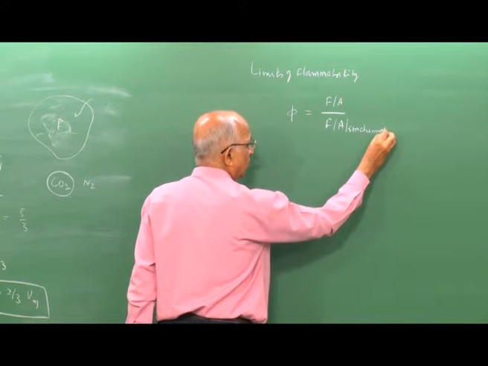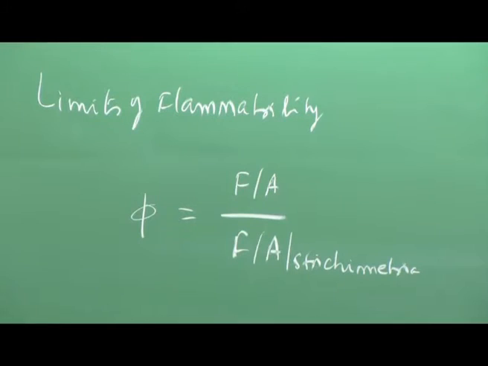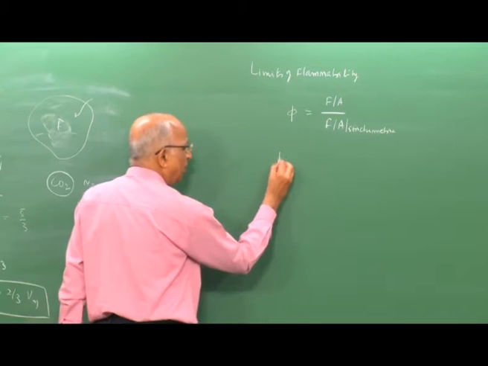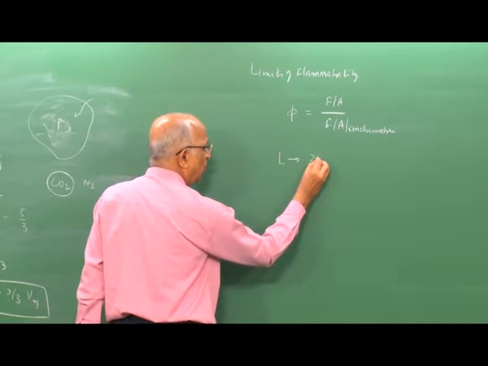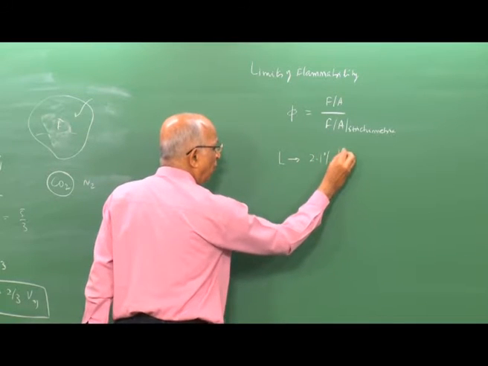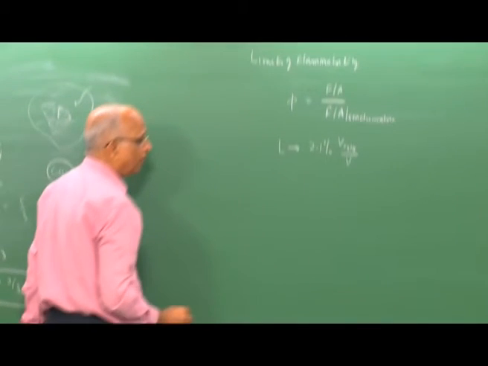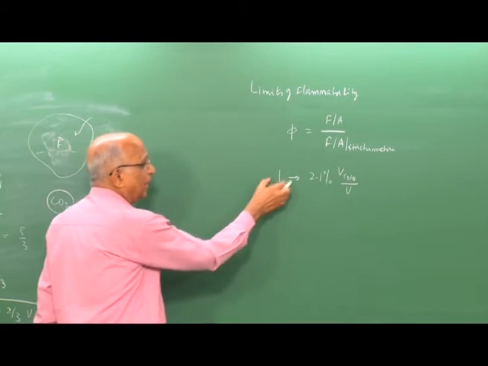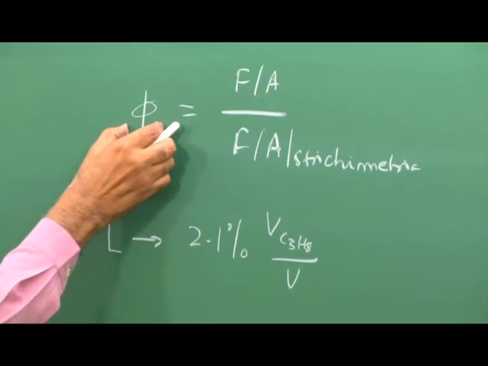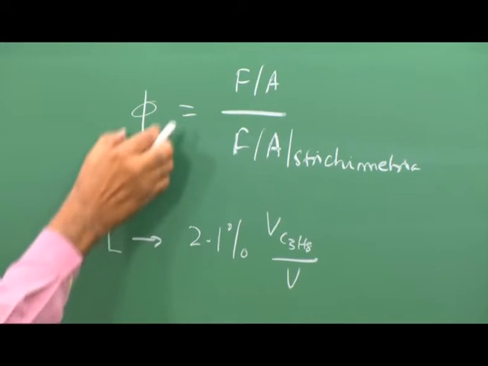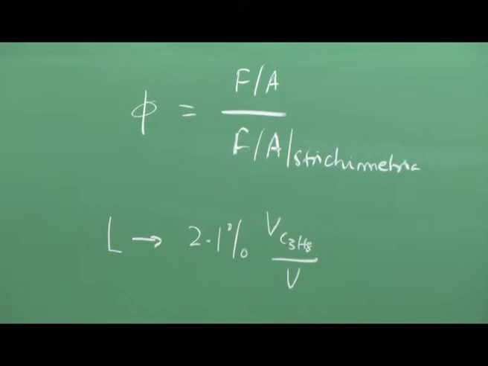Therefore, the question is, if I say the lean limit of flammability of propane air is 2.1 percentage of volume of propane C3H8 in the volume of the mixture, can I express L in terms of its equivalent stoichiometry? What is the value of the equivalence ratio corresponding to L?